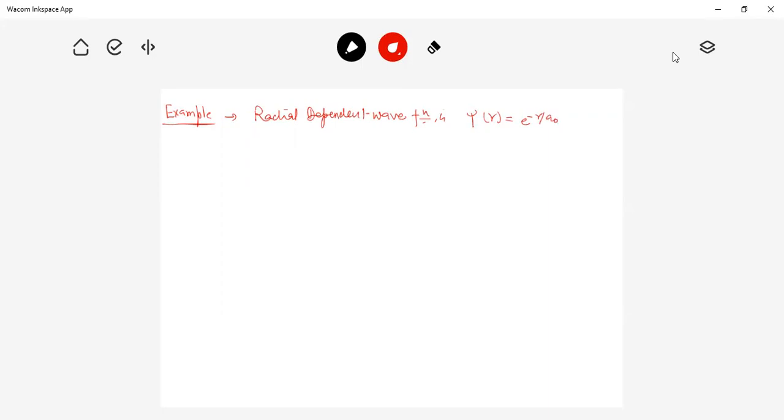So the probability P is equal to integral 0 to infinity 4 pi r square psi star dr. That is 4 pi, 0 to infinity, psi(r) square psi star dr.